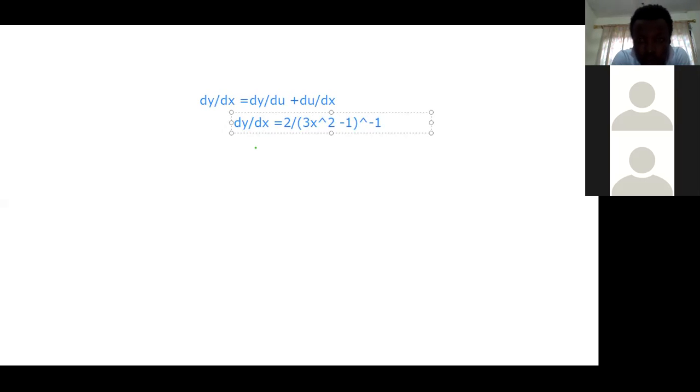So this is what we had. We are just going to multiply this by this, using the same principle.